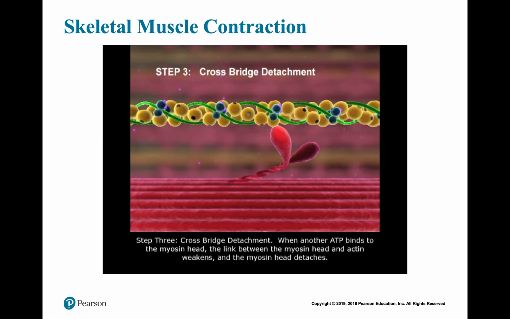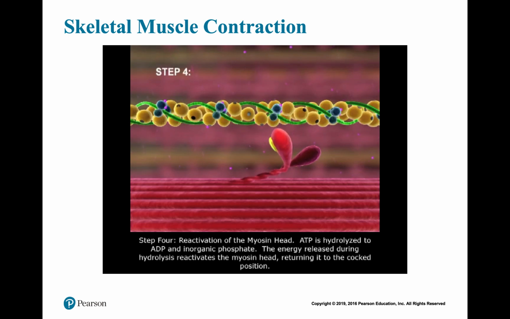Step 3, cross-bridge detachment. When another ATP binds to the myosin head, the link between the myosin head and actin weakens, and the myosin head detaches. Step 4, reactivation of the myosin head. ATP is hydrolyzed to ADP and inorganic phosphate.